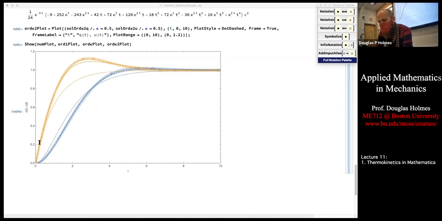So this is what I mean visually. If I take my solution minus the order epsilon solution, divided by epsilon to the order that I solved it, and take the limit of that as epsilon goes to 0, that is the mathematical way you can verify that you have an asymptotic solution.